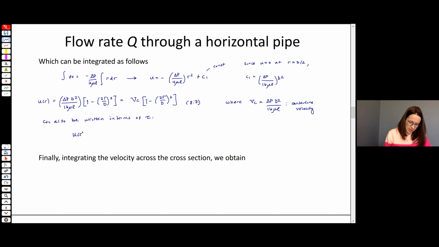So u as a function of r is equal to tau W, the wall shear stress, times the diameter of the pipe over 4 times the viscosity, times 1 minus r over big R squared, where of course big R is just the radius, half the diameter. All right, finally, we can integrate this velocity expression across the cross-section of the pipe to get our volumetric flow rate.